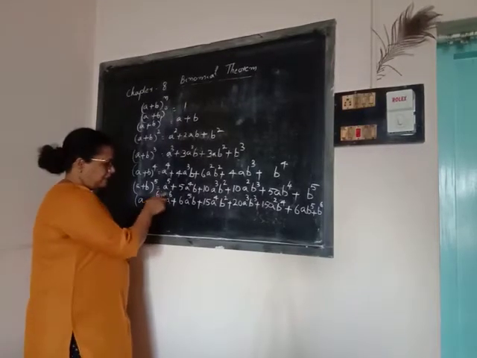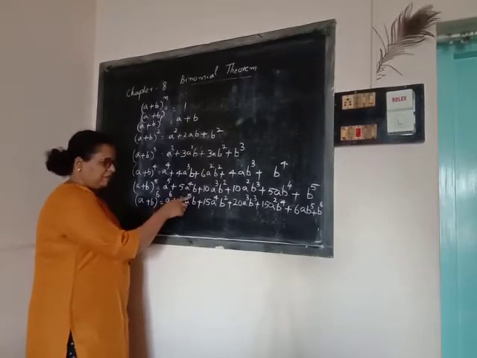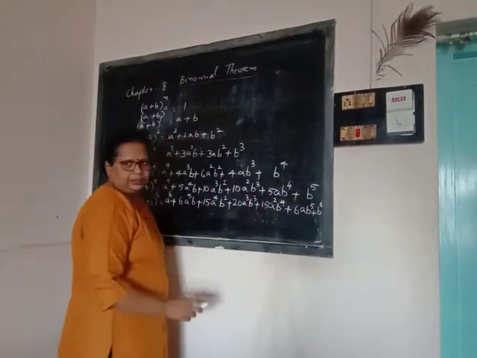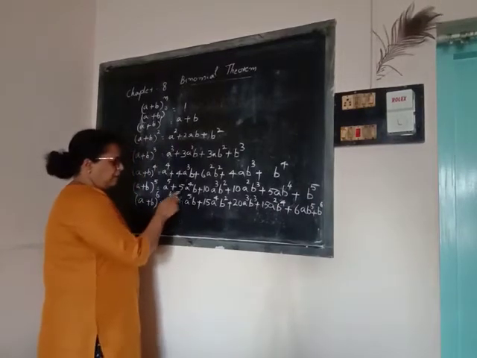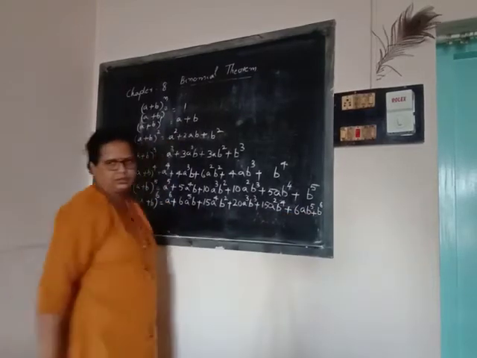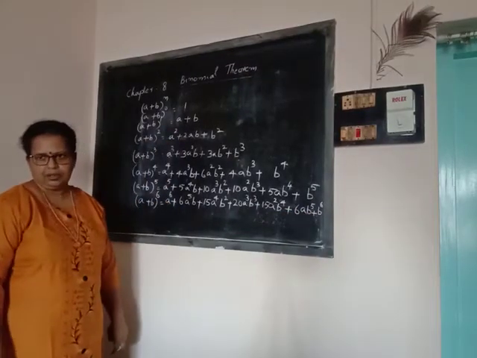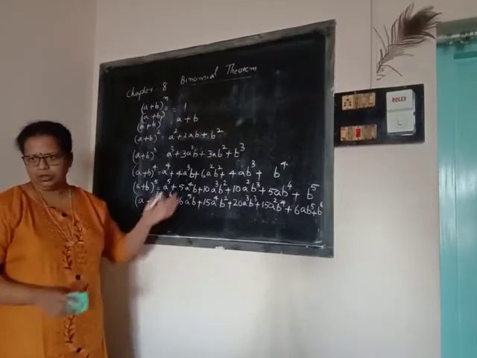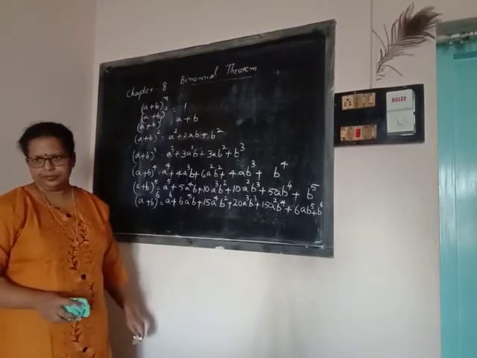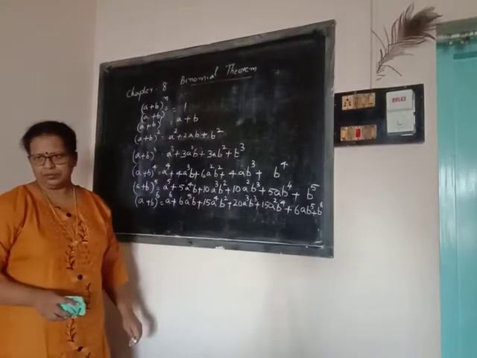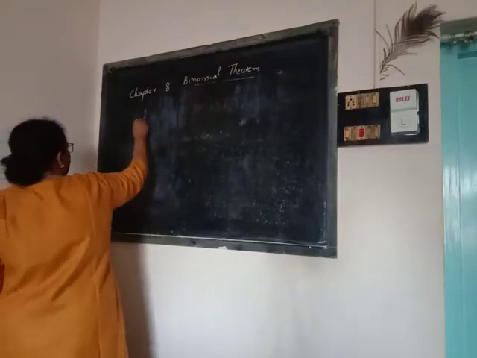First is power 6, then A power 5, 4, 3, 2, 1, then no A. Here there is no B, then B squared, B cubed, B raised to 4, B raised to 5, B raised to 6. Okay, so what will be A plus B whole raised to n? Now we are going to learn that. If we know this result, any number we can substitute. Okay, is that clear?